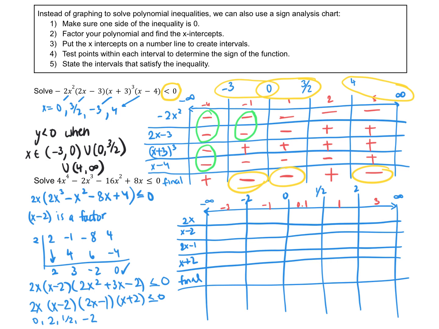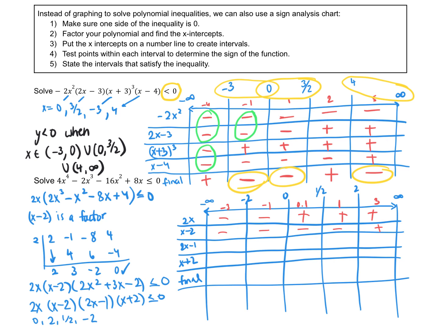And this time I'm just going to test each row at a time because that actually does end up being faster. So 2 times a negative number will be negative. 2 times a positive will be positive. Then for x minus 2, for any number less than 2, we're going to have a negative number. The minute we go beyond 2, we'll become positive. So -3 minus 2, negative, 1 minus 2 is negative, 3 minus 2, that's when we finally get positive.